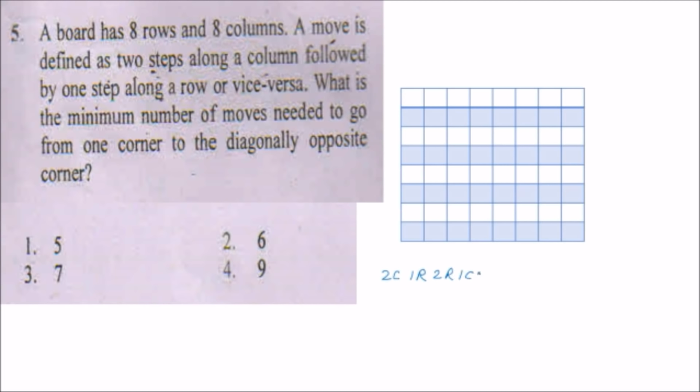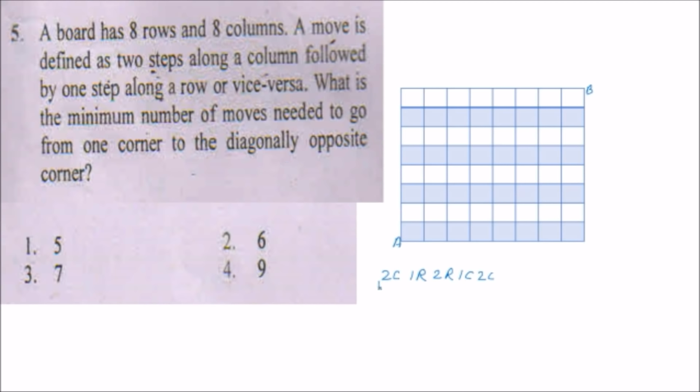In a similar manner it will travel from corner A to corner B. What is the minimum number of moves needed to go from one corner to the diagonally opposite one?